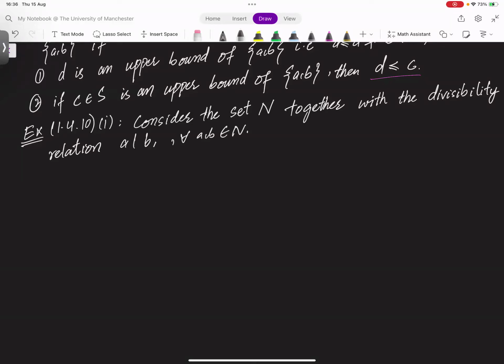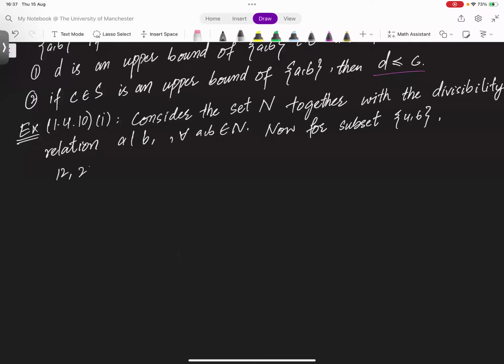So now for the subset {4, 6}, 12, 24, 36 are all upper bounds of the set.